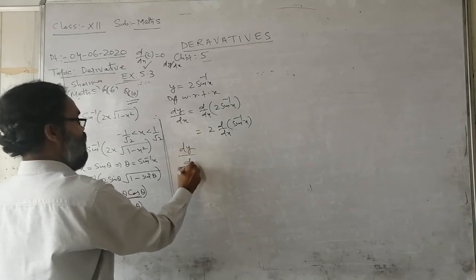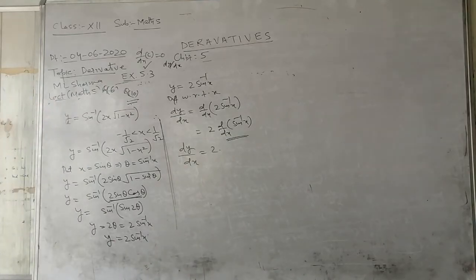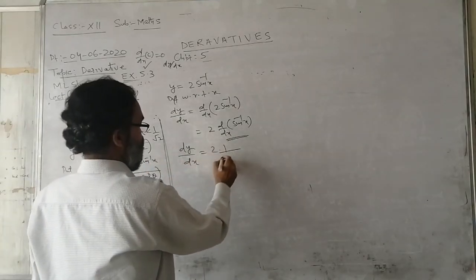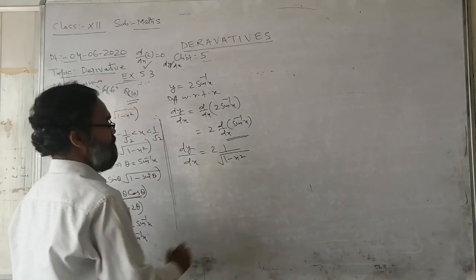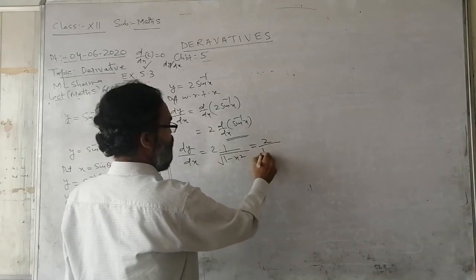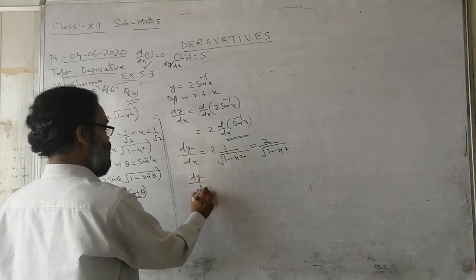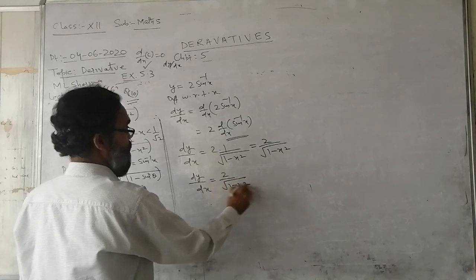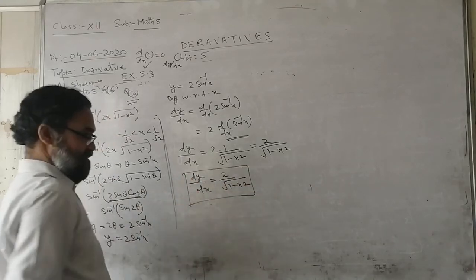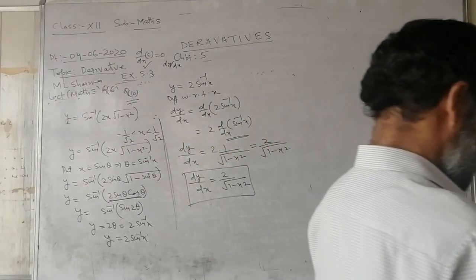So dy upon dx is 2 and d upon dx of sine inverse x, just I have this, that means 2 upon square root of 1 minus x square. So this is the value of dy upon dx. So in this way, the differentiation of inverse trigonometric functions is solved. So I can take another question.